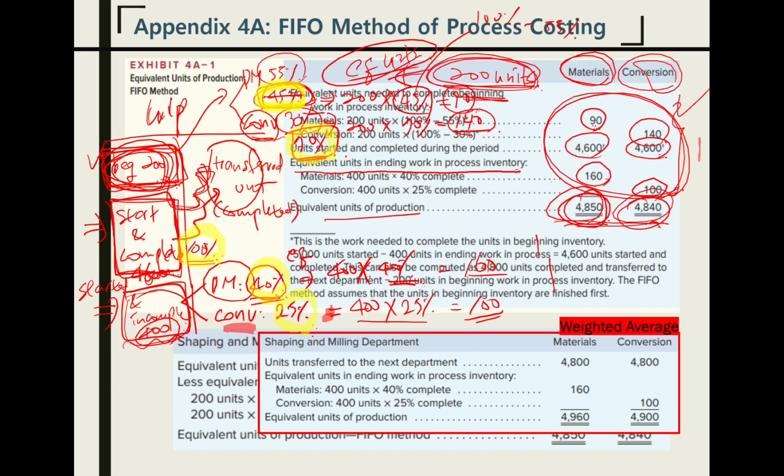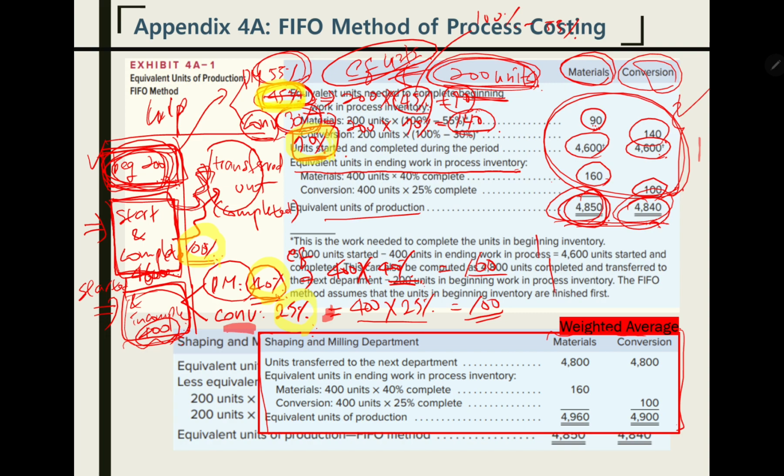Before going to the next step, let's compare with the weighted average method. So this is the weighted average method in the previous class. When we are calculating the equivalent units under the weighted average method, we do not exclude this one.